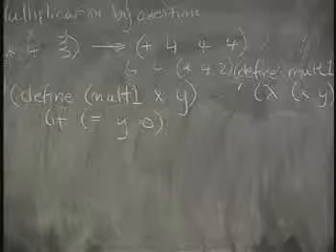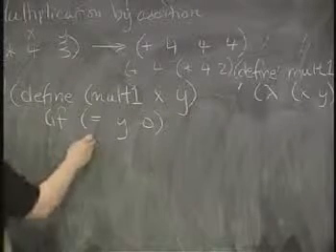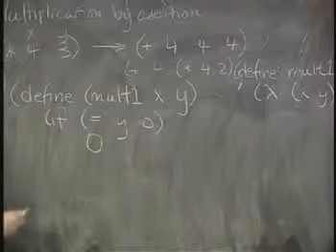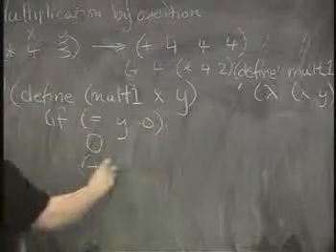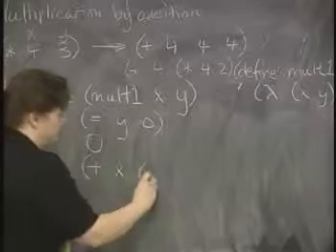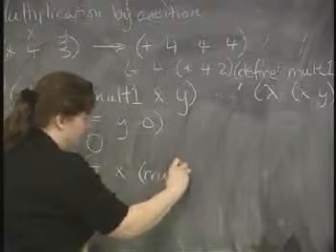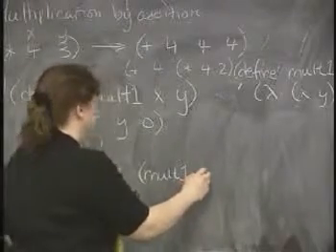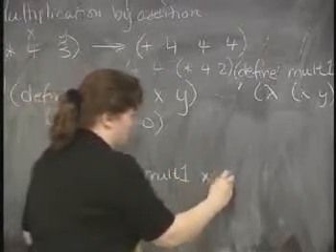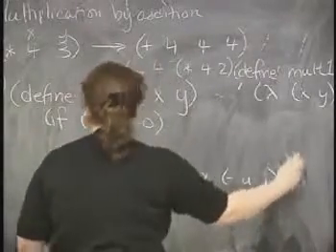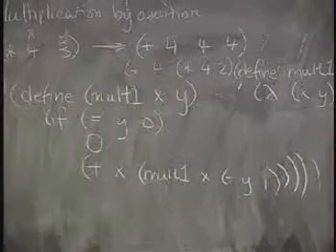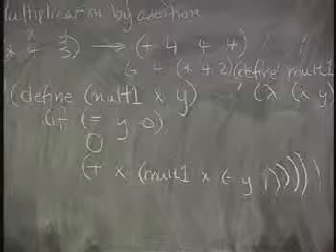So when you're adding, you use a 0. When you're multiplying, you use a 1. Otherwise, we're going to add x to mult1 of x, y minus 1. This is define, if, plus. This code is on the handout for today.